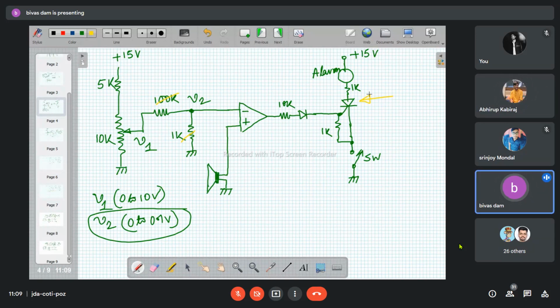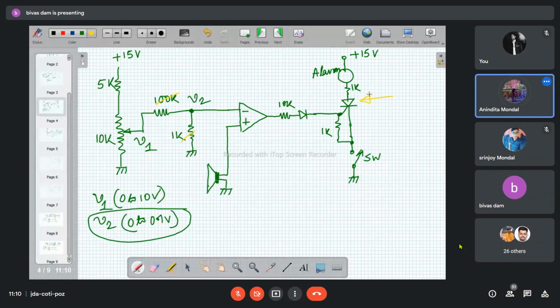It was short. How many junctions are there? How many layers are there? A diode has 2 layers and 1 junction. In a BJT how many junctions are there? 2.